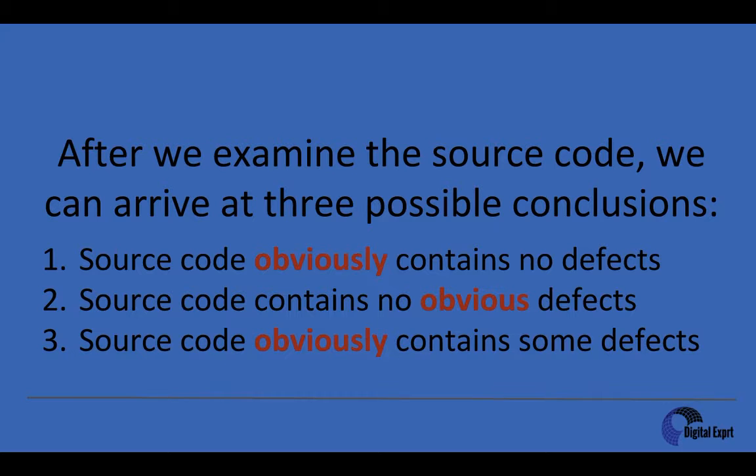It's very obvious. The second conclusion would be that the source code we've examined contains no obvious defects. We couldn't find any obvious defects. And the third and final conclusion would be that the source code obviously contains some defects. So we found some programming error, or some error in logic that we can pinpoint. Here is where the logic is inconsistent, and therefore this is why the system is failing.